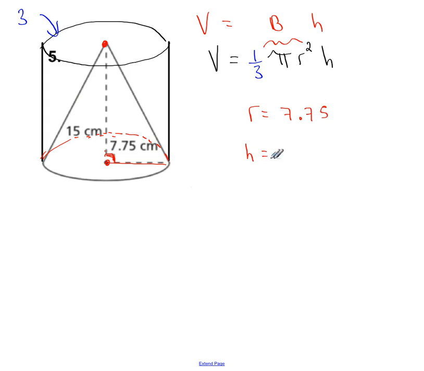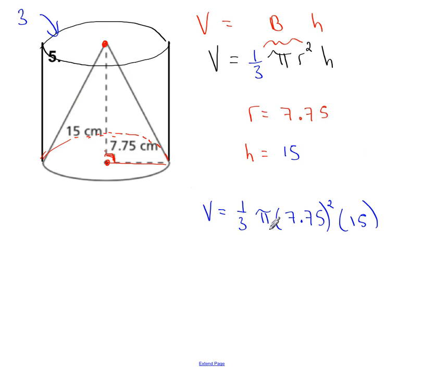The height is also given, which is 15. And then if we plug in, we have volume equals 1/3 times pi times radius, 7.75 squared, times height, 15.